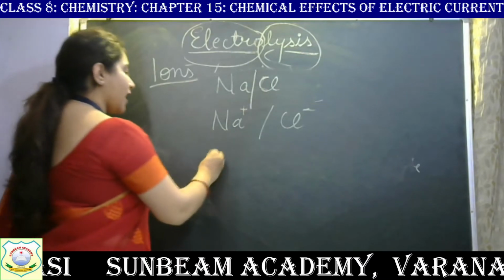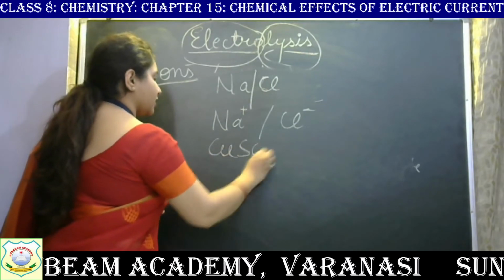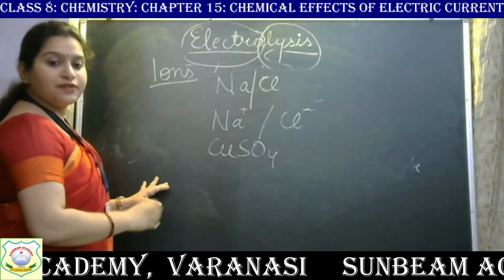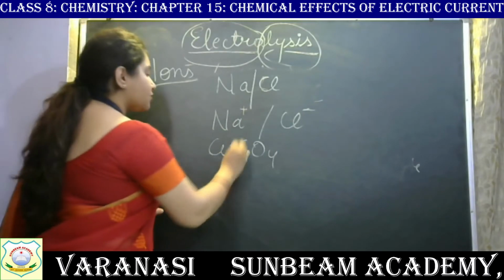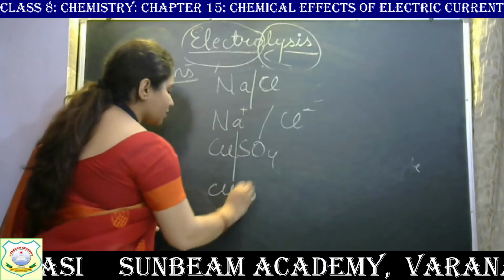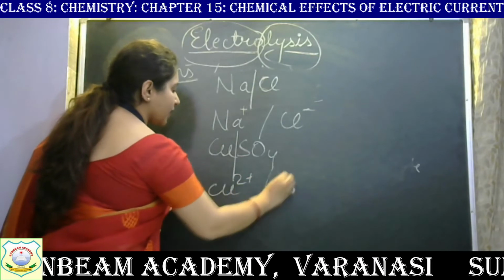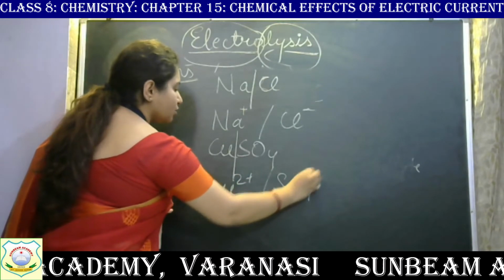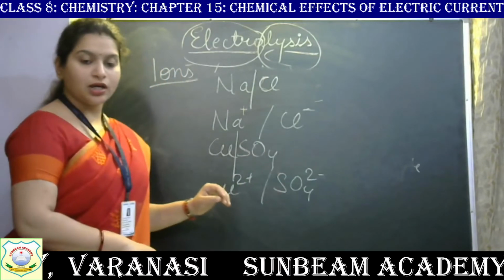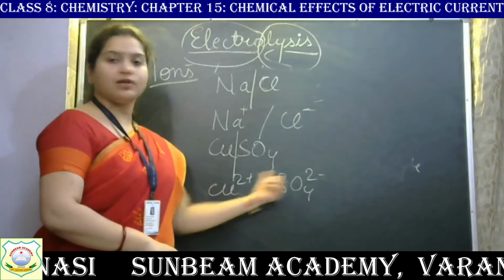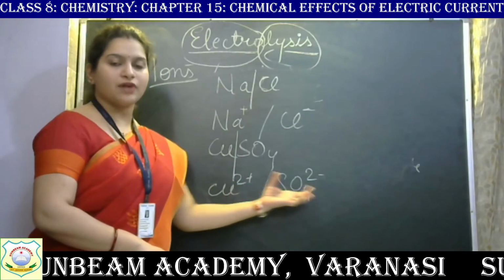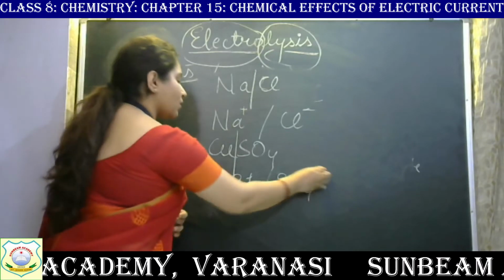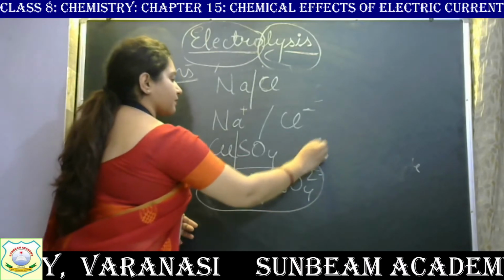Similarly, if we have copper sulfate and if electrolysis is done, it will be broken down into Cu2 plus and SO4 2 minus. Okay, so again here we are having the charge, positive and negative. So they are called ions.